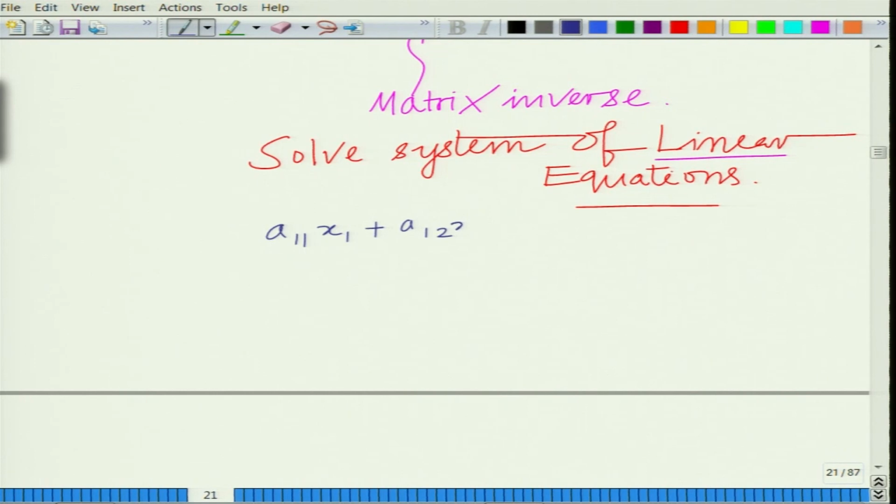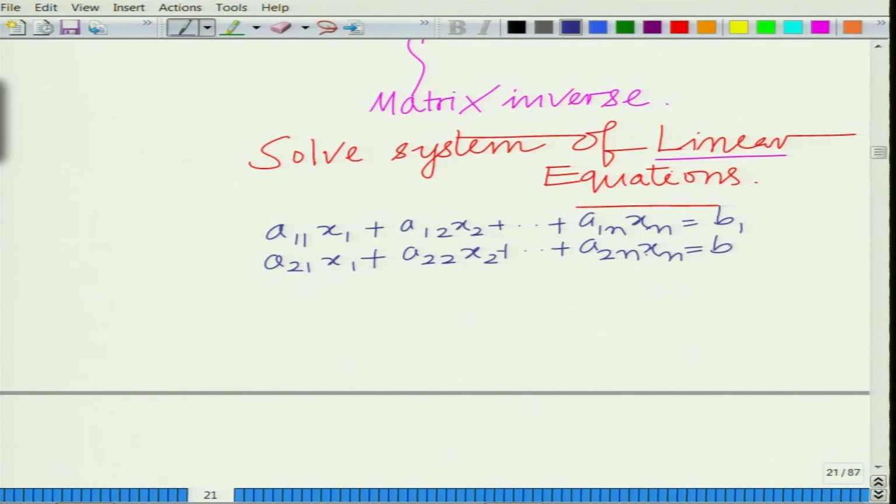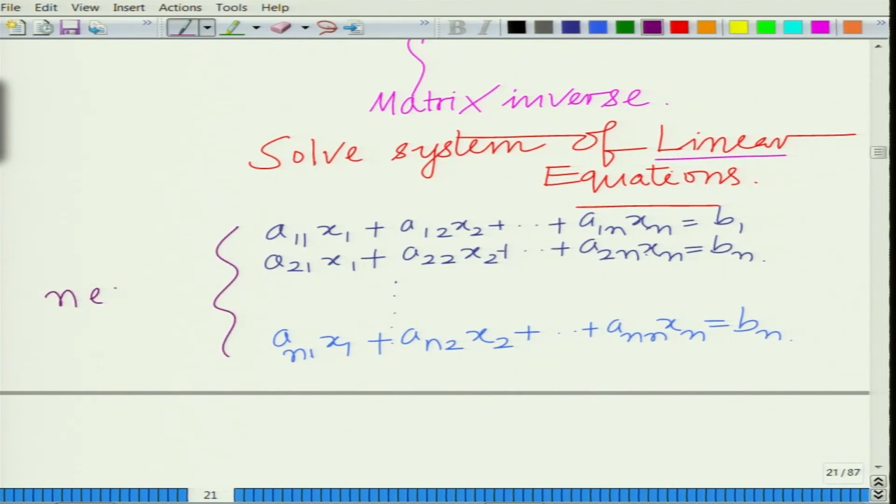a11 x1 plus a12 x2 plus a1n xn equals b1, a21 x1 plus a22 x2 plus a2n xn equals b2, so on and so forth, and then we have an1 x1 plus an2 x2 plus ann xn equal to bn, and so you have the system of n equations, and these x1 x2 xn, these are the variables or basically the unknowns.